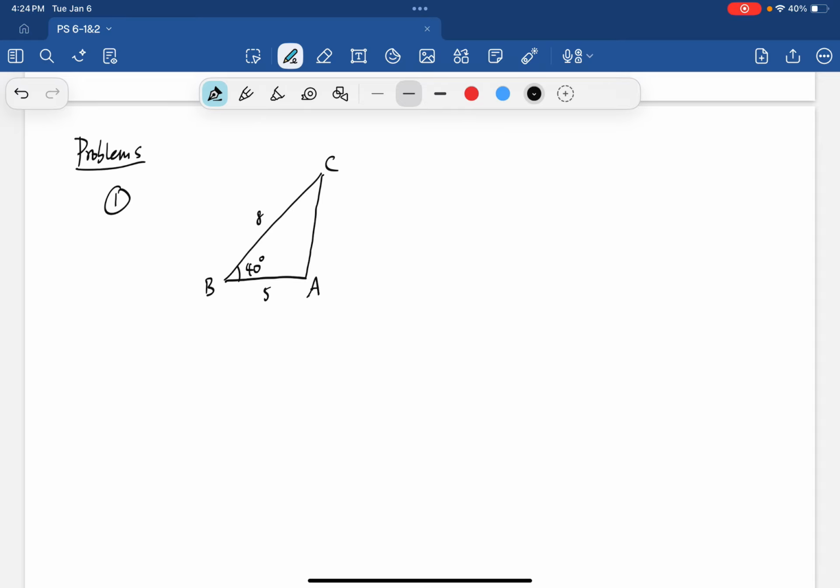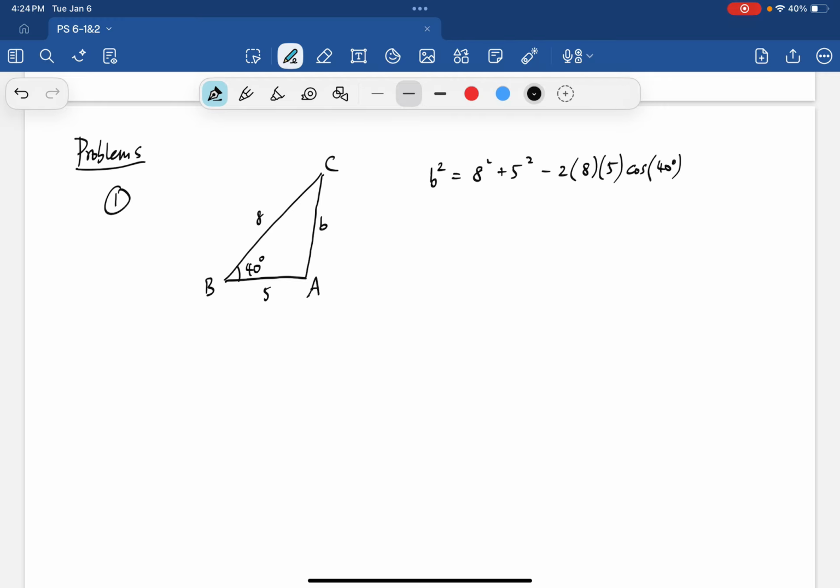The thing we're going to want to do here is first probably try to find this side length, right? Because this is something that we know we should use law of cosines first, and there's really nothing we can do with law of sines. So first we're going to find little b, which is b squared equals 8 squared plus 5 squared minus 2 times 8 times 5 times cosine 40.